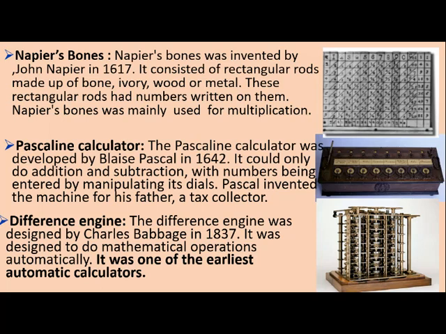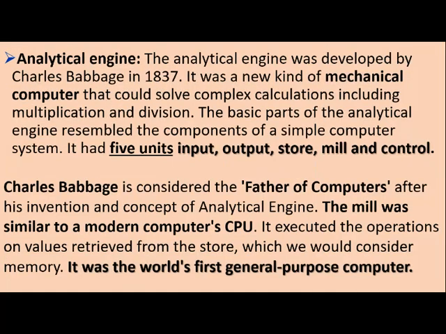Next, difference engine. The difference engine was designed by Charles Babbage in 1837. It was designed to do mathematical operations automatically. It was one of the earliest automatic calculators. Analytical engine. The analytical engine was developed by Charles Babbage in 1837.